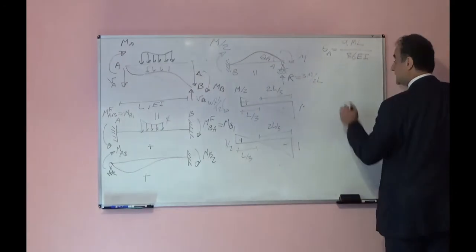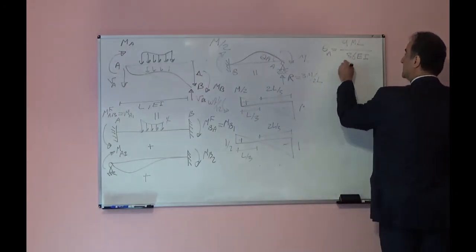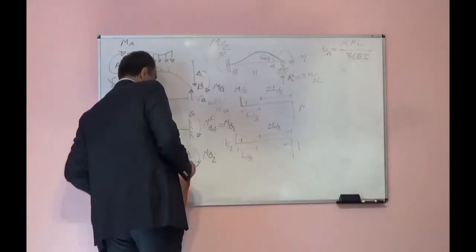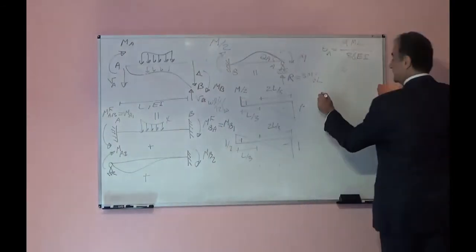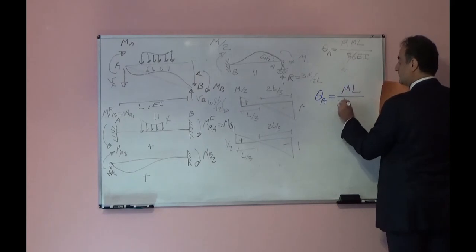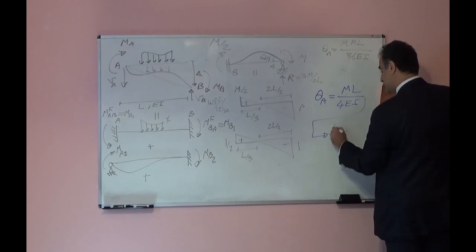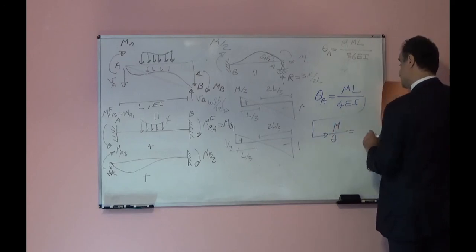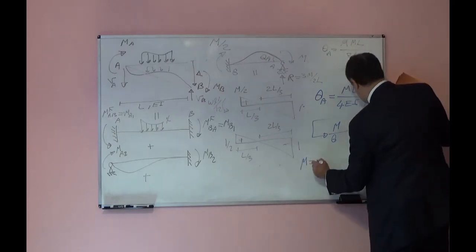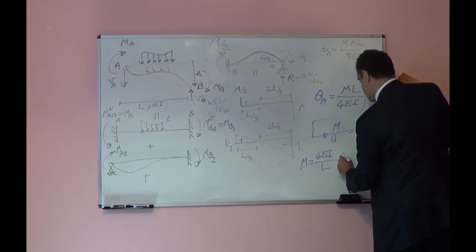I can simplify this, 9 with 36. If I simplify that, theta A will be ML over 4 EI. From here, I can write M over theta is equal to 4 EI over L, or M will be equal to 4 EI over L theta.